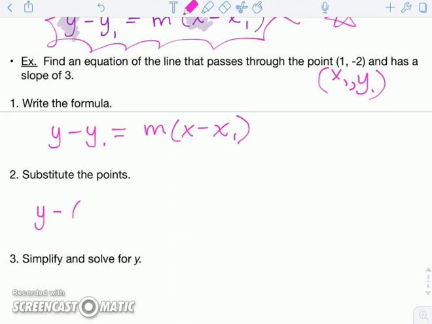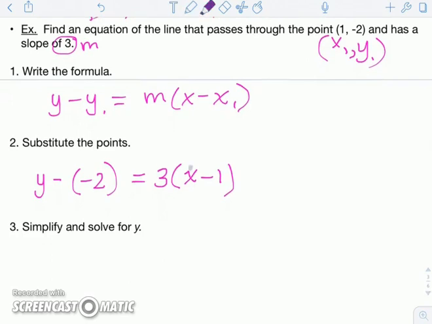Y minus, I'm going to use parentheses so I don't mess up my signs, negative 2, is equal to my slope, which is right here, so m is equal to 3, times x minus 1. Notice I kept the x and I kept the y. I need an x and a y. That's going to stay in my equation.